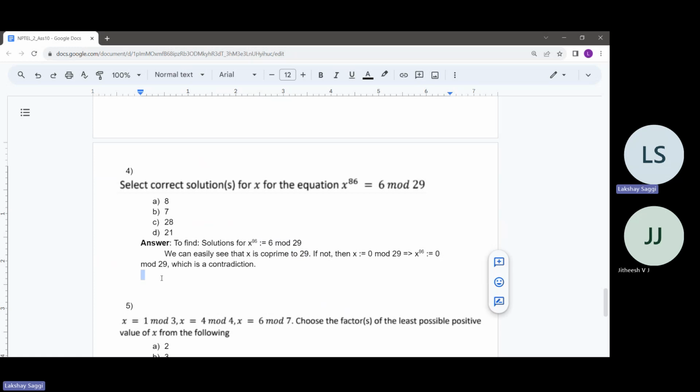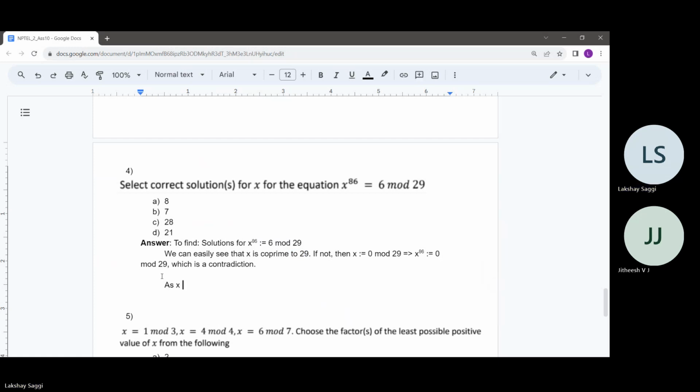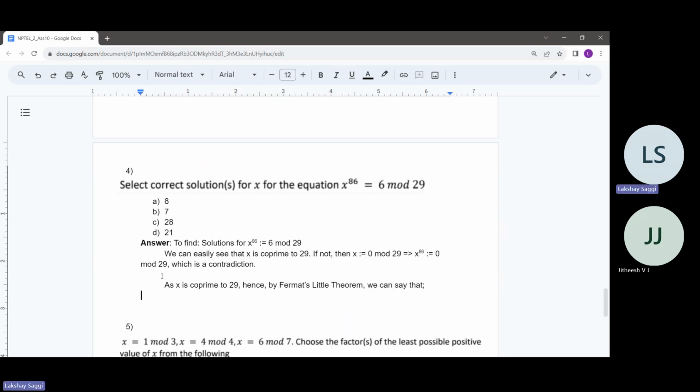So as x is co-prime to 29, hence by Fermat's little theorem, what can we say? x raised to the power 28 is congruent to 1 mod 29.